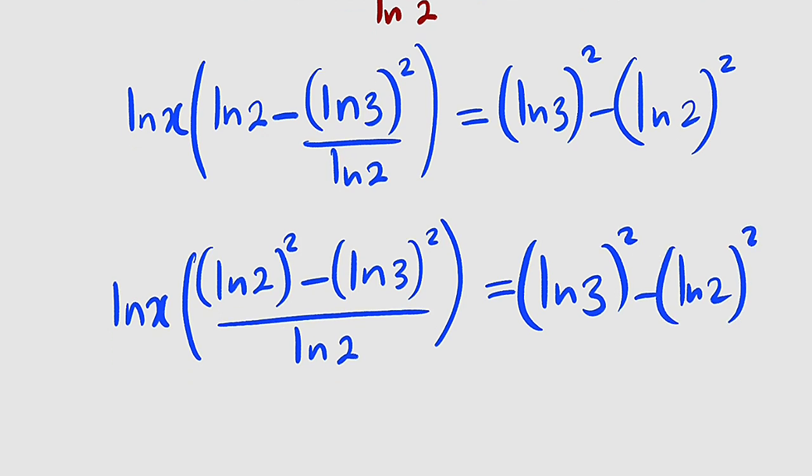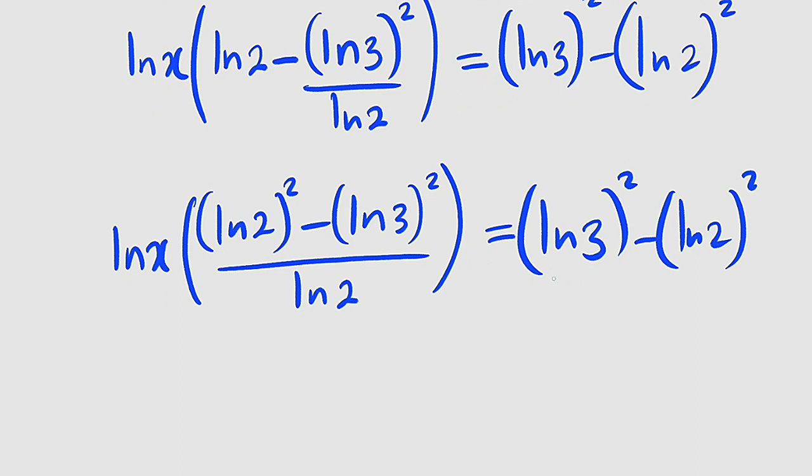One thing you should observe here is that on the right hand side, we have (ln 3)² minus (ln 2)², but on the left hand side, we have (ln 2)² minus (ln 3)², instead of (ln 3)² before (ln 2)².